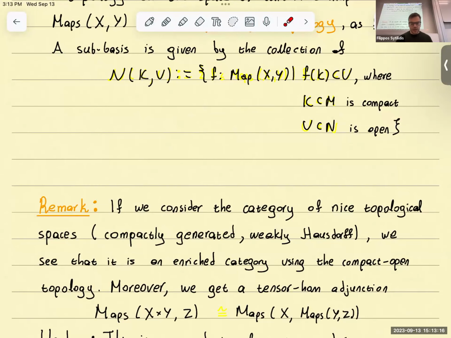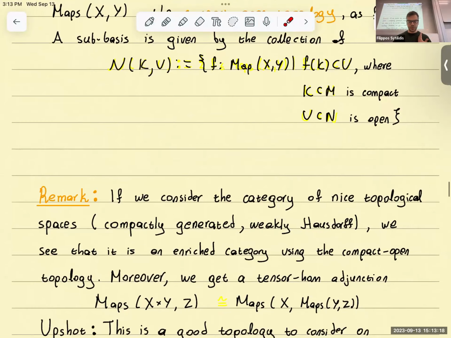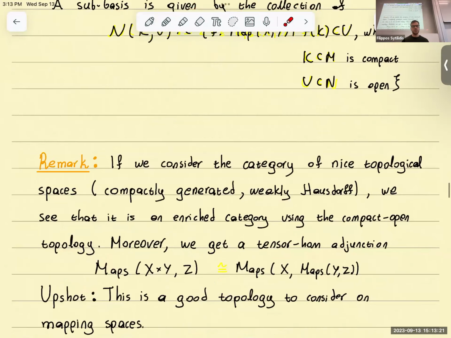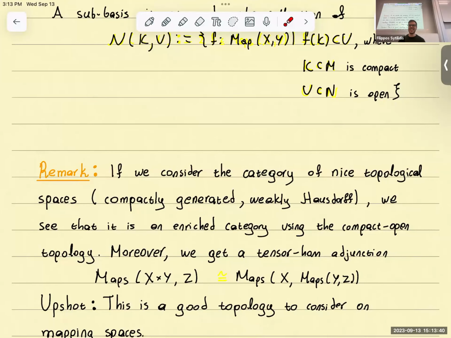So there's a remark: if you work with nice topological spaces, I guess the usual candidates for that is compactly generated weakly Hausdorff. Would you want me to remind you what those are, or are you happy to think of just nice spaces? Good. I left a little bit of empty space in case someone is like, please tell us, but I'm thankful that no one asks me to.